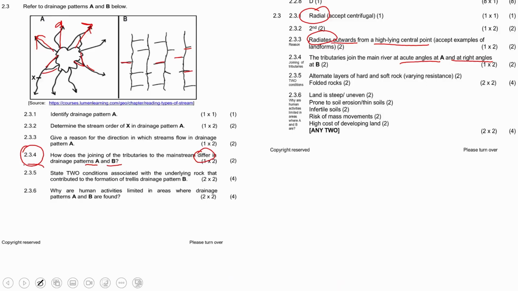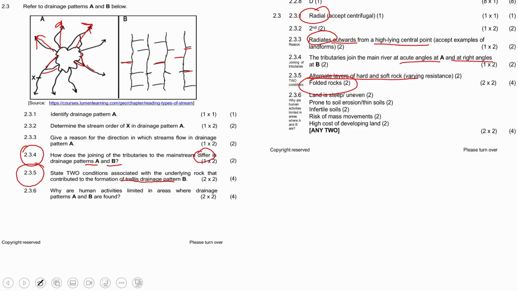And then 235, okay? State two conditions associated with the underlying rock, underlying geology. That's what we called it in our first frame, that contributed to the formation of the trellis pattern in drainage B, okay? Alternate layers of hard and soft rocks. We even said, go back to grade 10 and look at folded structures.